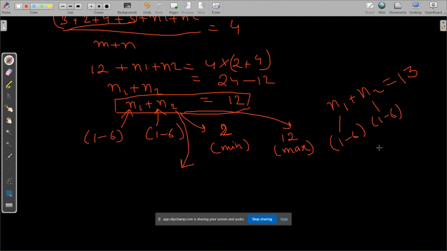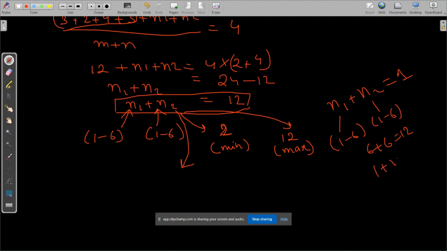No, it is not possible, because 6 plus 6 is the maximum value I can get, which is 12. So I cannot make 13. Again, if n1 plus n2 has to be 1, by putting any value from 1 to 6 in both of them, is it possible?